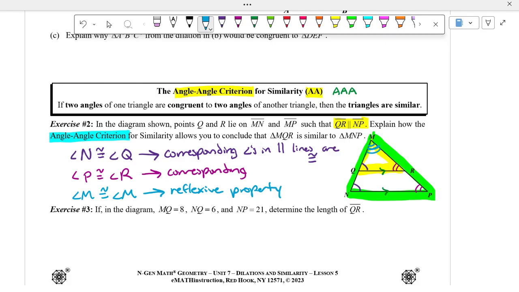So that wasn't necessarily a proof, but there were proof-like features in there. We gave a statement, and then we told the reason. But we weren't necessarily proving anything. We were just trying to show that all three angles were congruent.